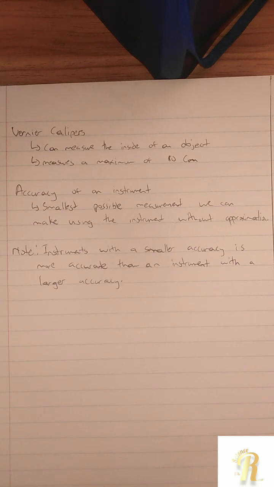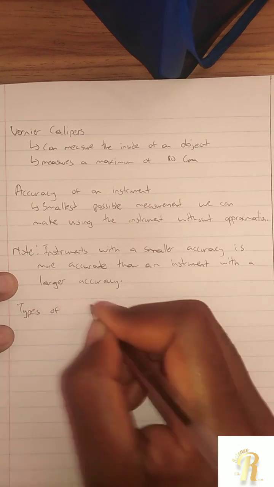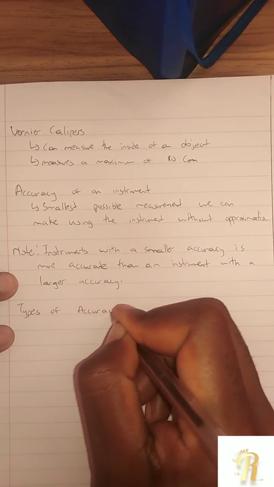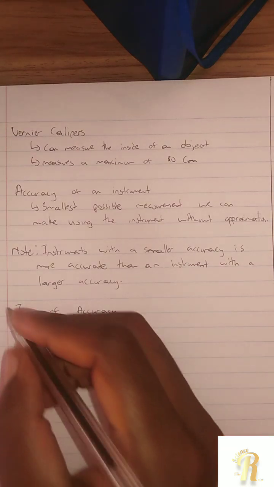So let's talk about types of accuracy, in centimeters and in millimeters, of instruments. I'll draw a table on this one. We were talking about the 4 measuring instruments, but I'll just give you 3, because the ruler and the measuring tape do the same job. The ruler will represent the measuring tape.